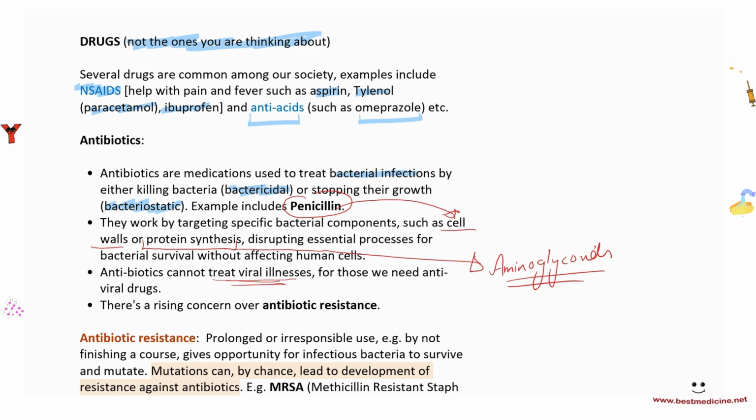That is very important. Sometimes, when you get a viral illness and you go to the doctor, he will give you some antibiotics. And it's not because he's giving it to you to treat the viral illness. Instead, what they do is prevent any bacteria from causing an infection on top of the viral illness.